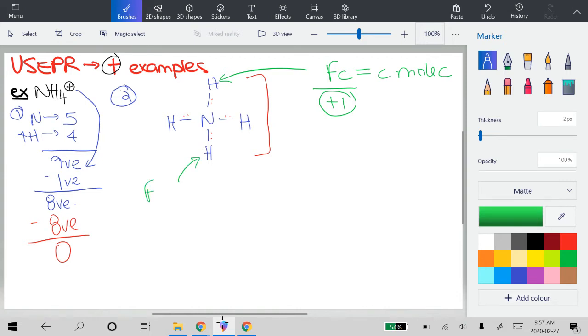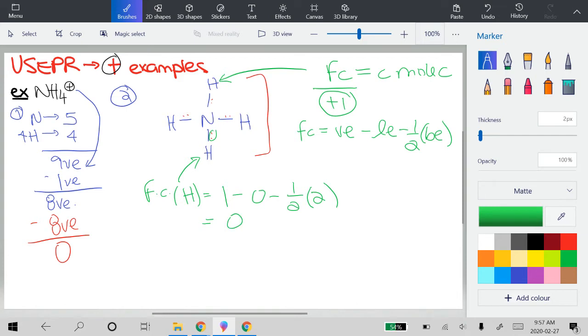For hydrogen, we'll check that one first. I'll just remind the formula over here. It's the valence electron number, or the group number, minus the number of lone electrons, minus half bonding electrons. So for hydrogen, it's in group 1, or it wants 1 valence electron, has no lone electrons, and for each hydrogen, it shares 2 electrons in the bond, so minus half of 2.